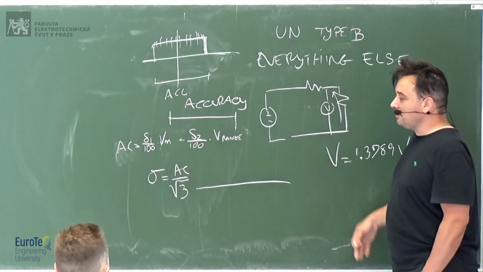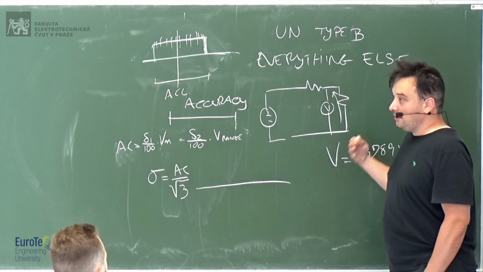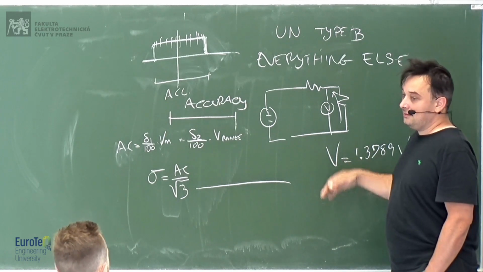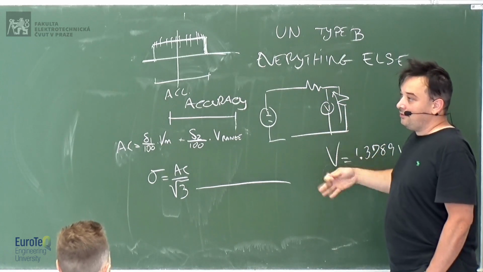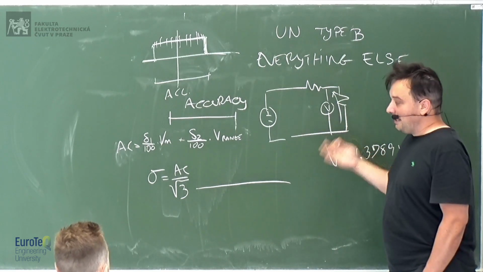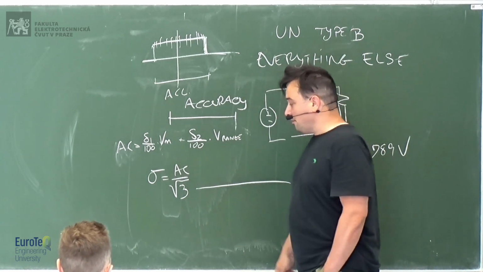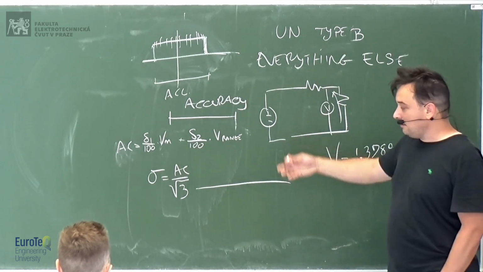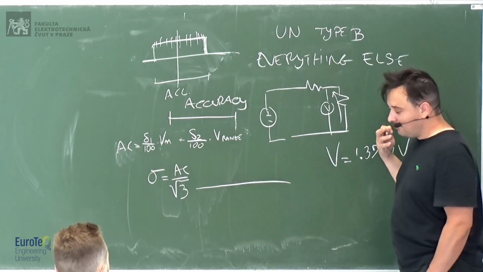You calculate the accuracy. Then, if you have some information about the statistical distribution, you take 1 sigma given by the statistical distribution, or if you don't know anything, you take the uniform distribution, and you know how to calculate 1 standard deviation, by taking the accuracy range and dividing by the square root of 3.